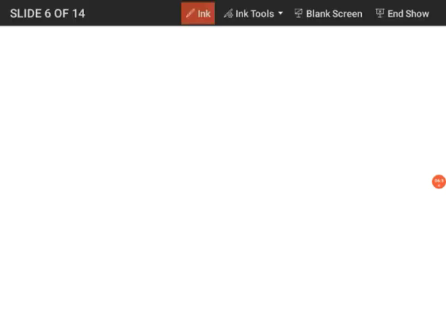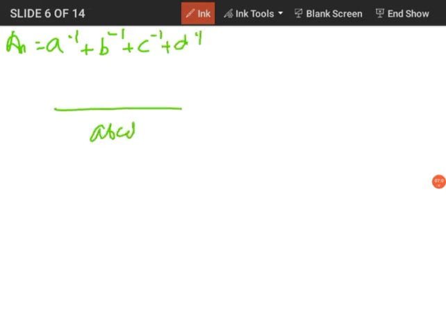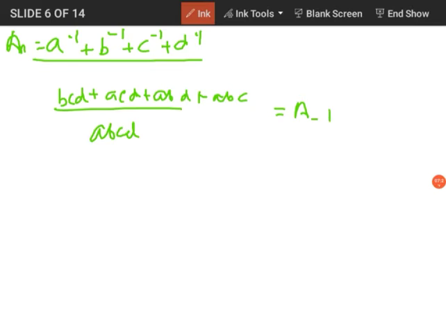a_(-1) is a to the power minus 1 plus b to the power minus 1 plus c to the power minus 1 plus d to the power minus 1, and if you just add them, this would be bcd plus acd plus abd plus abc over abcd. This is what you will get if you add them. So this is equal to a_(-1).